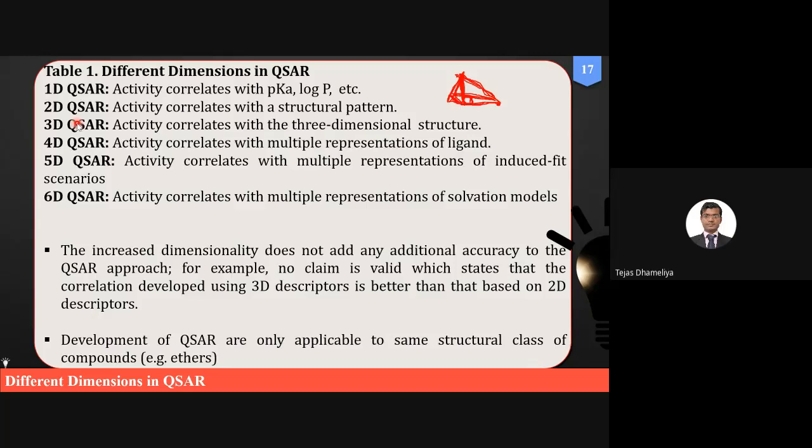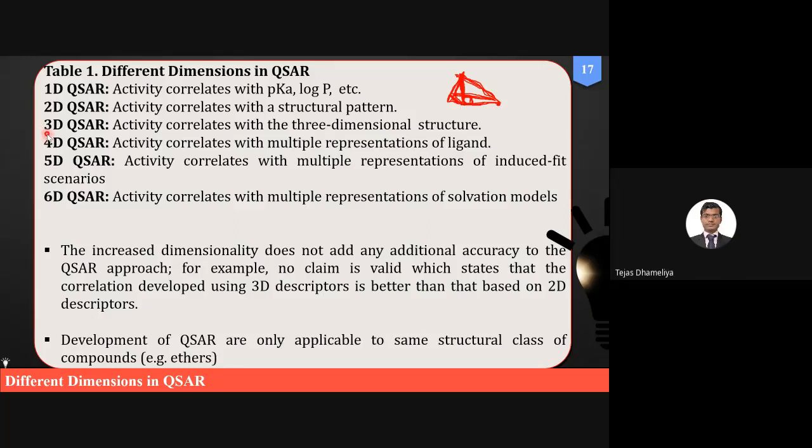Instead of drawing CH4 with four lines, you can draw the methane molecule in three dimensions. So whatever properties are correlated with the three-dimensional structure of the molecules, they are considered.